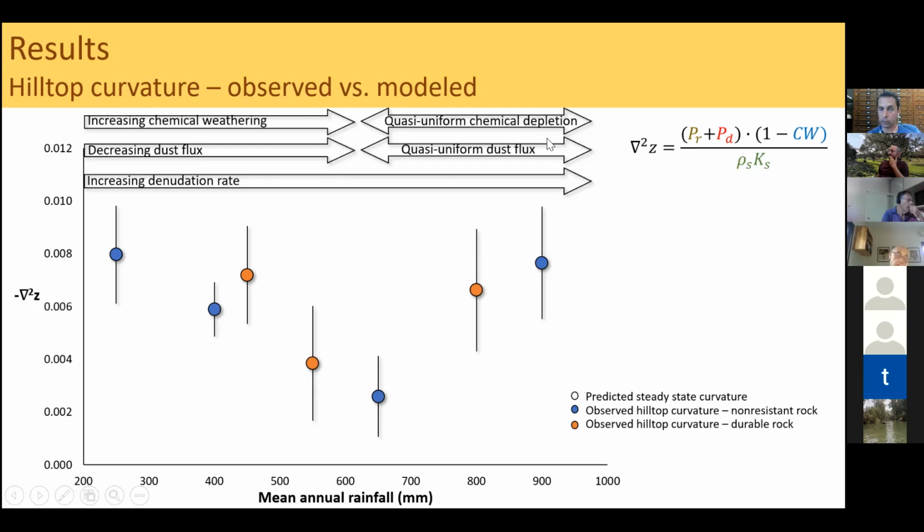It makes sense because the chemical weathering is high, but it doesn't change much. It's just very stable, high and stable. And same for dust flux, it's low and doesn't vary much in the north. But the denudation rates increase very rapidly, and this is why maybe we see this strong increase.